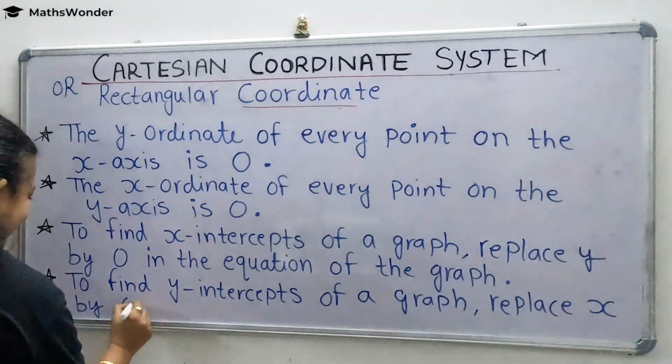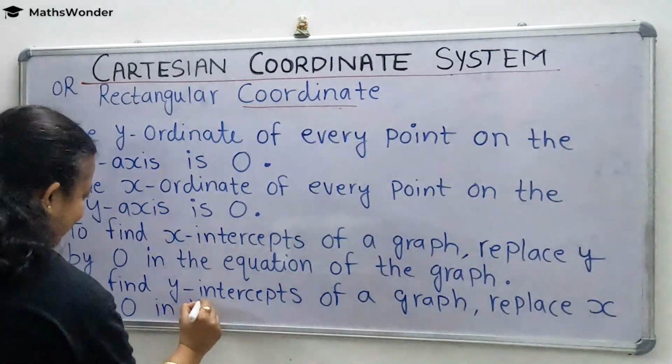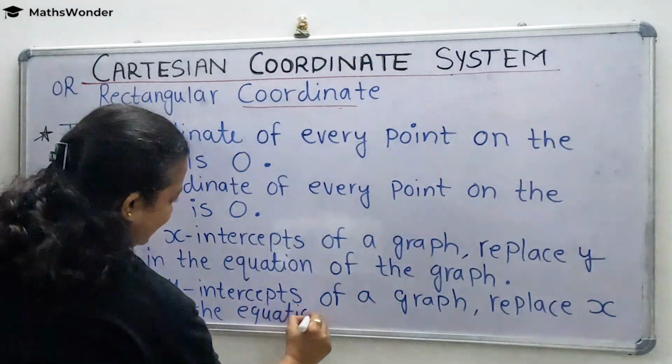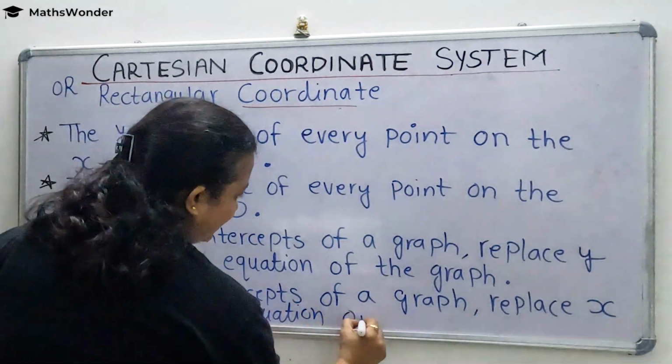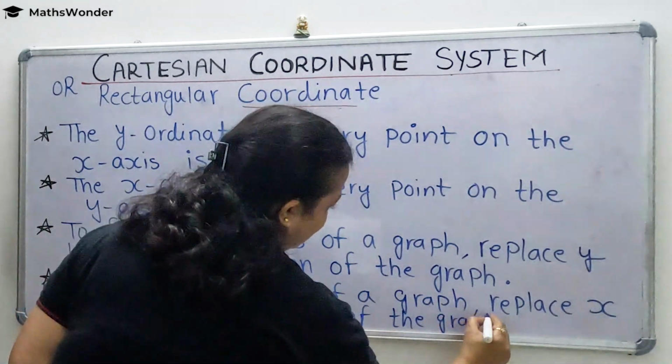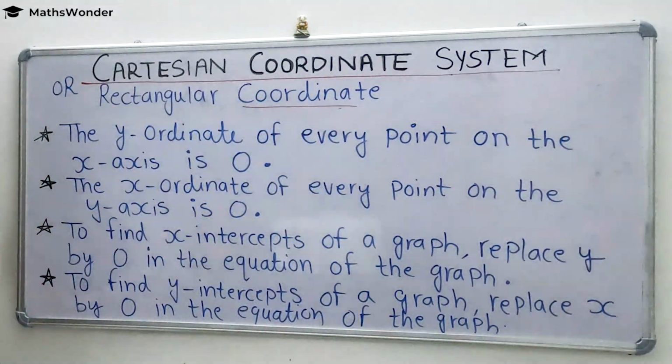Okay. So the fourth point is to find y-intercepts of a graph, replace x by 0 in the equation of the graph. This is the fourth point.